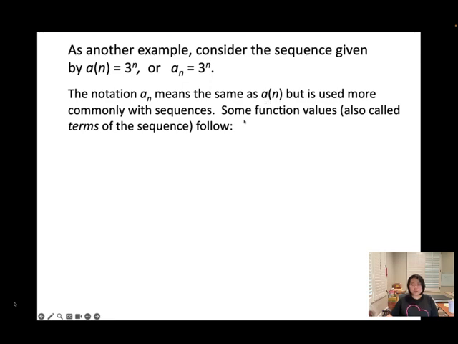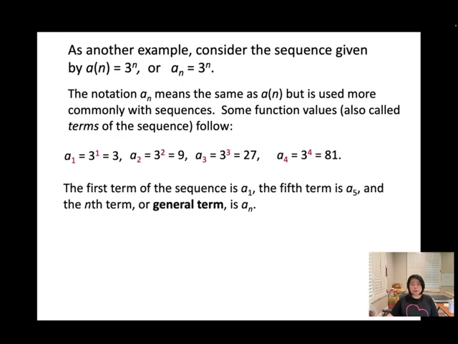Some function values are called terms of the sequence. So when I plug in n equal to 1 into this formula, a1 equal to 3. a2, we plug it in, you're going to get 9. a3 will be equal to 27. a4 will be equal to 81.